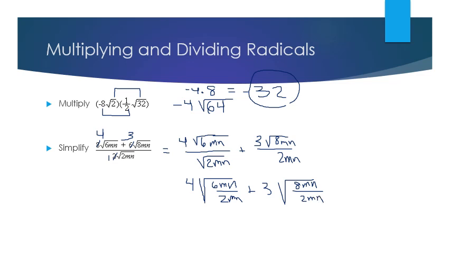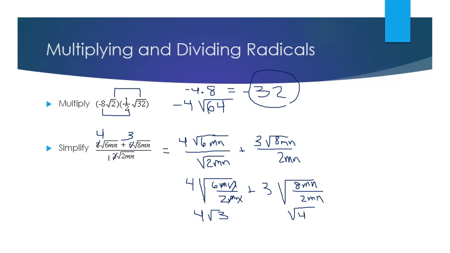Okay, in the 6mn inside this radical, the m's cancel out in the top and the bottom, and the 6 over 2 turns into 3. So this becomes 4 square root 3. Over here inside the radical, I'm going to divide 8 by 2 and get 4, but the m's and n's both disappear.